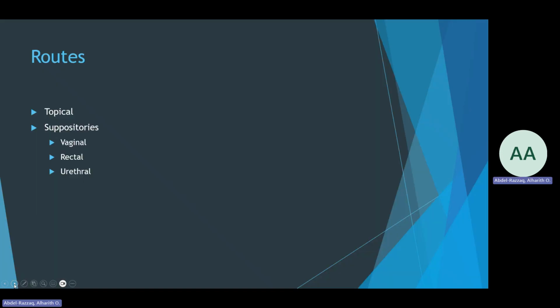When we talk about our routes for ointments, there's many. So we have topical, but what does topical include also? We have our suppositories: vaginal, rectal, and urethral. With the rectal, we're looking for a local effect. We sometimes have a laxation effect, and sometimes we can have some kind of systemic effect.